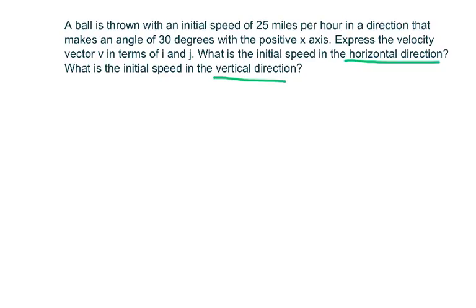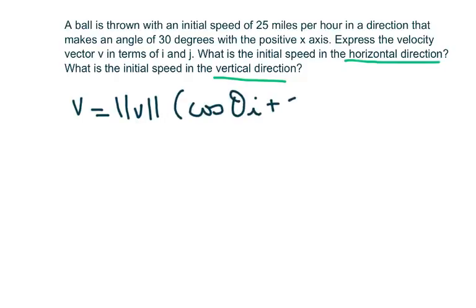So let's go back. What we're going to do is express the velocity in terms of i and j, and then answer the initial speed questions. We're going to use the formula from the previous slide, which is v equals the magnitude of v times cosine of theta i plus sine of theta j.